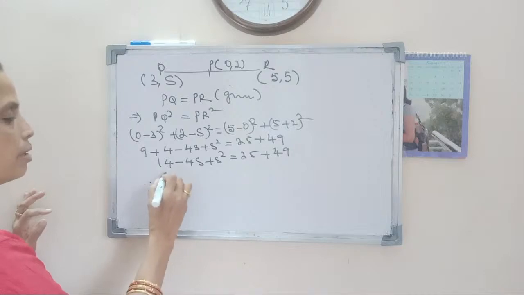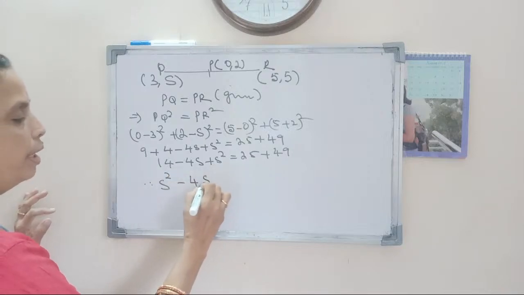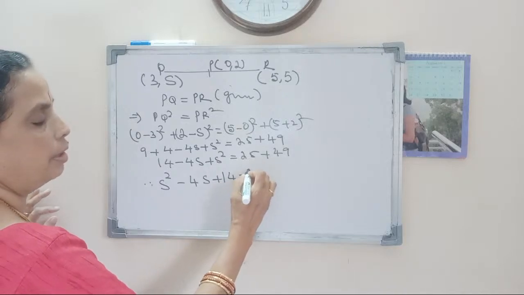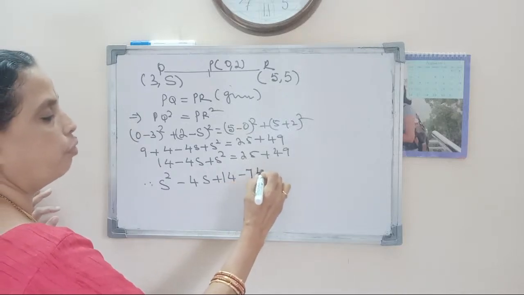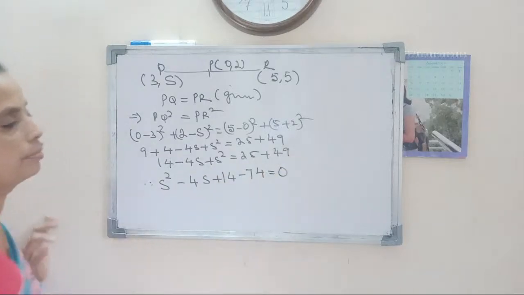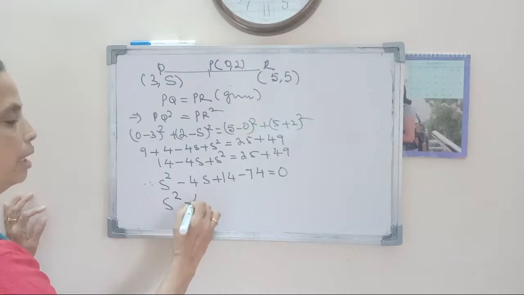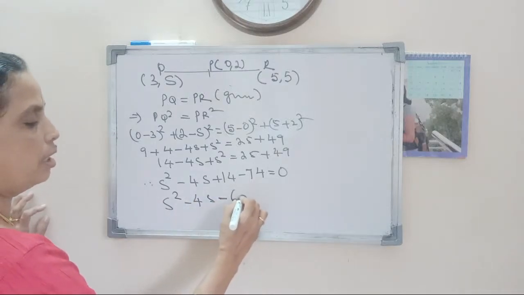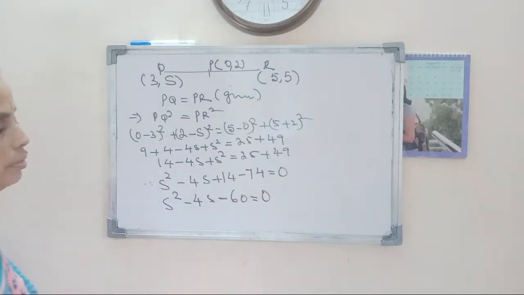Therefore, s square minus 4s plus 13 minus 74, what will you get? s square minus 4s minus 60 equals 0.